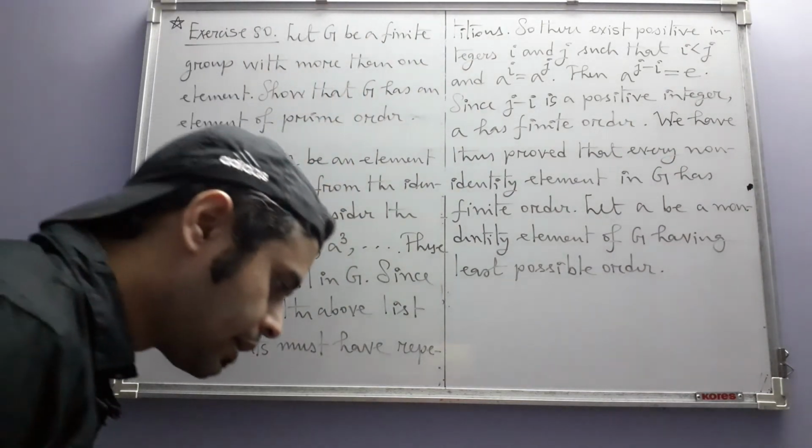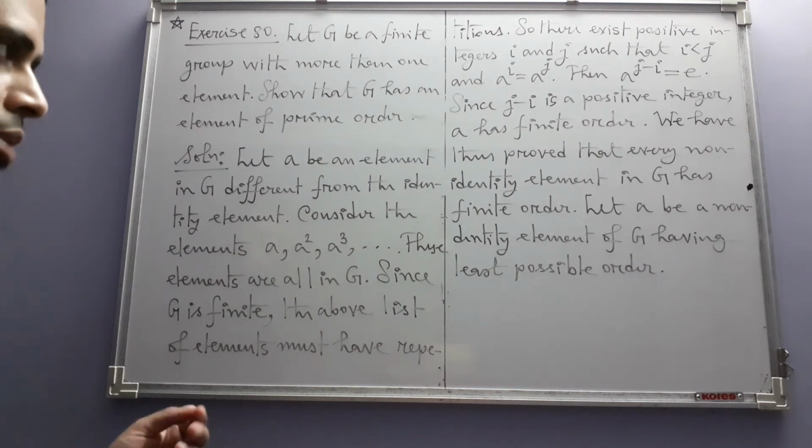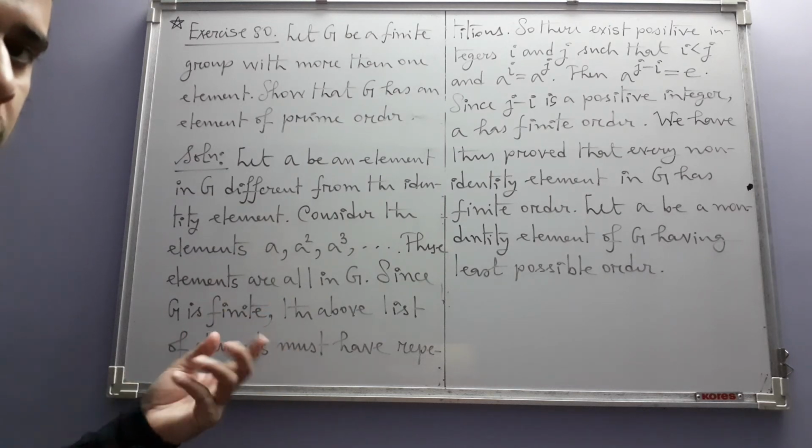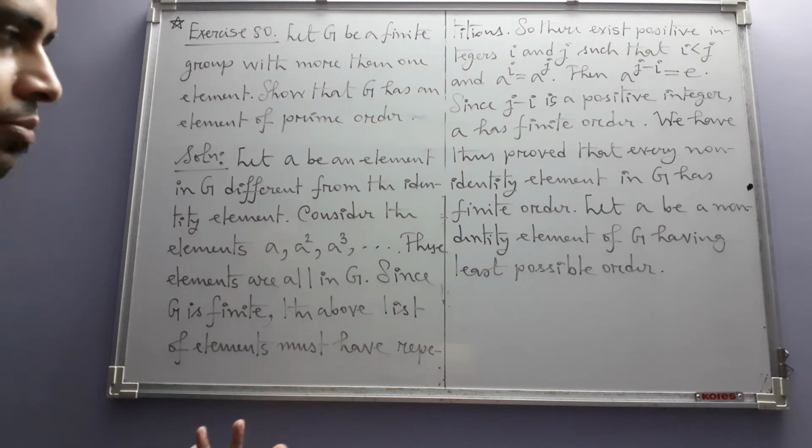Okay, so there are orders which are positive integers. So some order will appear which has the minimum possible value in G.